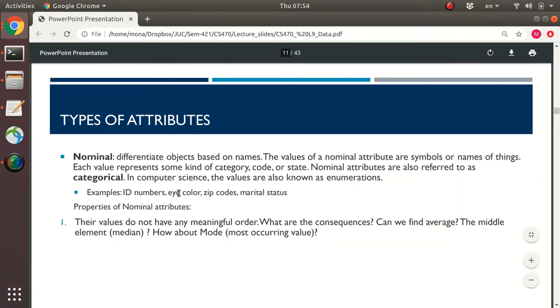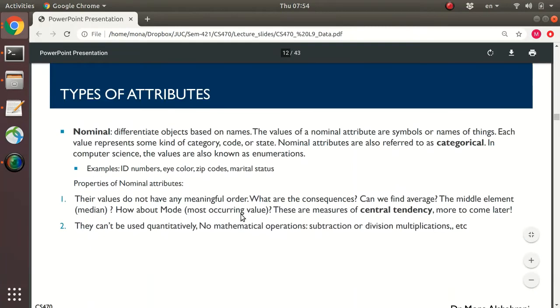For example, let's say black eye color is the most occurring value of such an attribute, and therefore we can find the mode. Also, such data cannot be used quantitatively, so we cannot add or subtract. We cannot apply mathematical operations such as subtraction, division, and multiplication on such data. We cannot add ID numbers because they are used to identify persons or items. We cannot add them or apply any other mathematical operations on them.